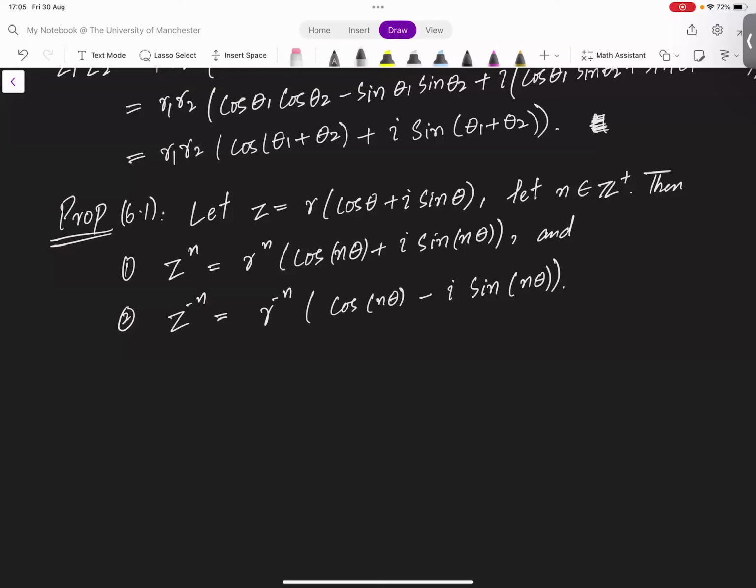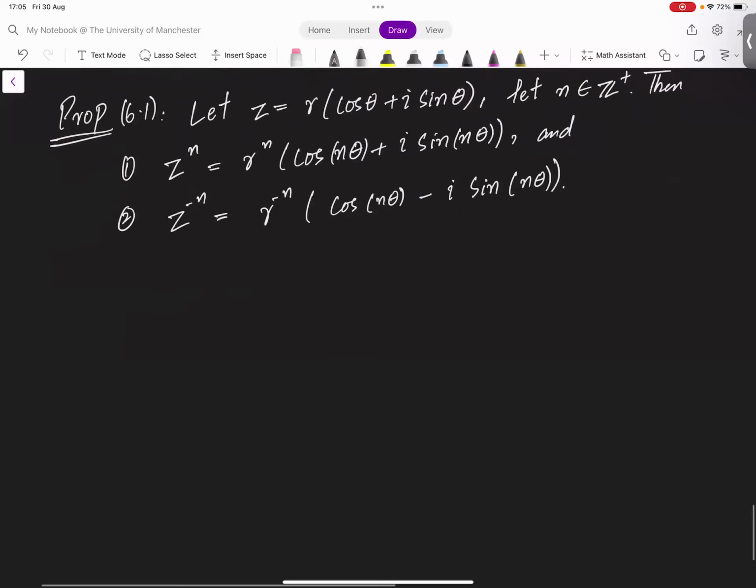And to show the proof of this proposition, we have number 1, apply theorem 6.1.